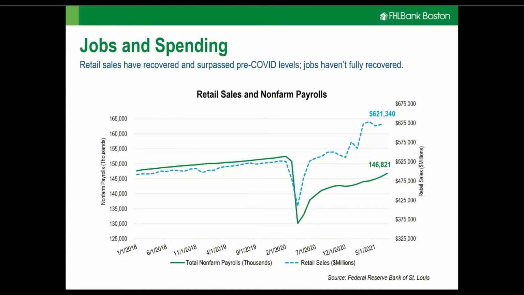And there's a lot of talk right now, where extended unemployment benefits are the reason why payrolls and unemployment have not returned, as workers aren't incentivized to get back to work. And I think that's the easy answer, and I do think it plays a part. But I do think the other major component here is that there was an additional 3 million people that retired early last year during the pandemic.